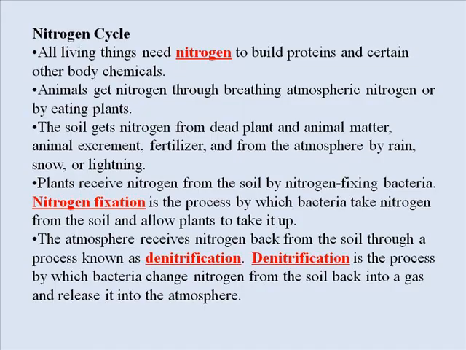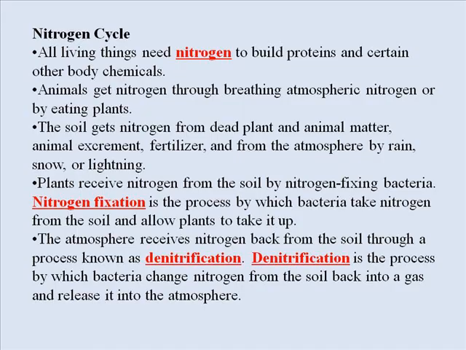Plants are going to get nitrogen from bacteria that is in the soil. This is called nitrogen fixation. It's the process by which bacteria takes nitrogen from the soil and turns it into a type of nitrogen that plants can use.